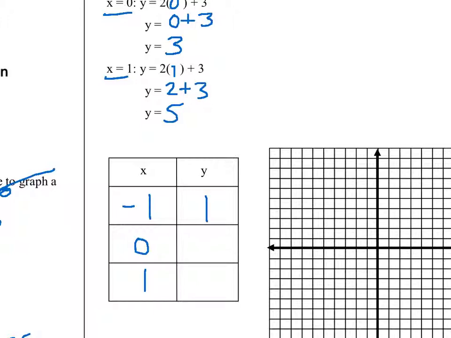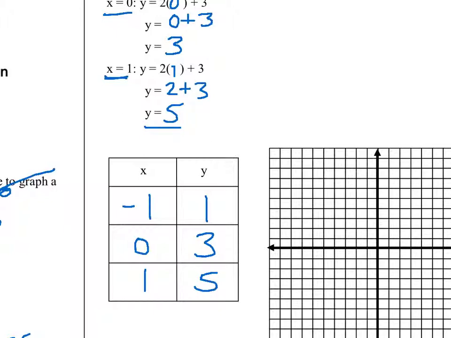When I plugged in 0, what did I get, Janelli? 3 was my y value. And when I plugged in 1 for x, what was my y value, Christopher? This one's actually staring you right in the face. When I plugged in 1, I got 5, right.